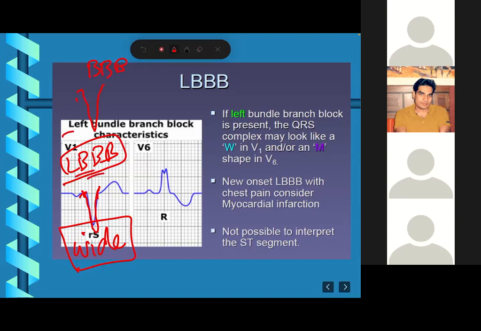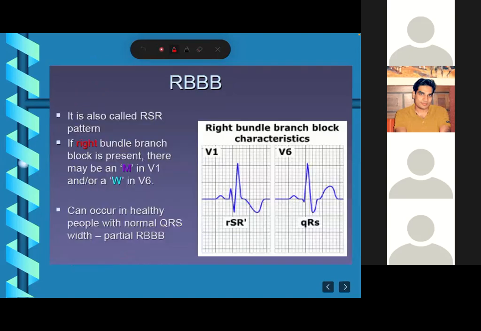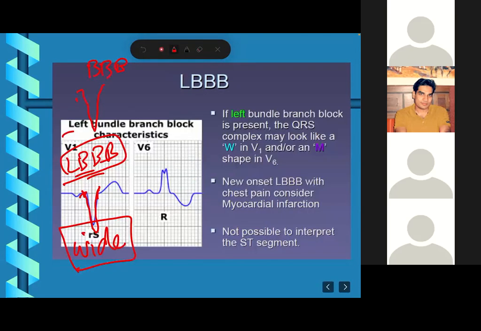Next slide. If in V1 the major upstroke is there with a wide QRS complex, then this is RBBB, right bundle branch block. It's very easy to identify.